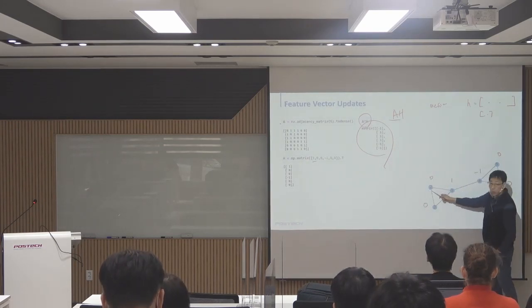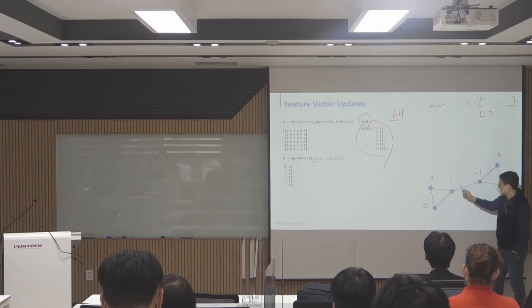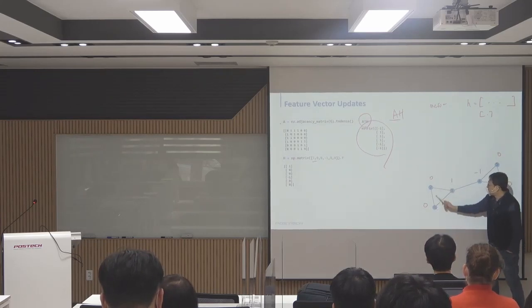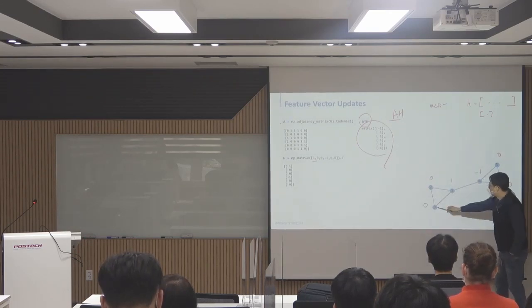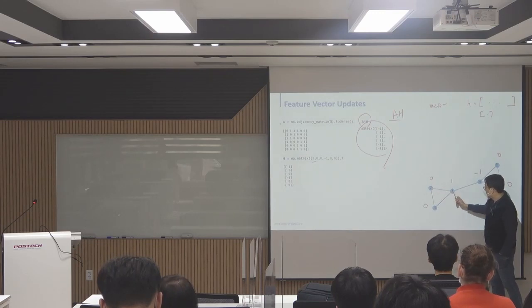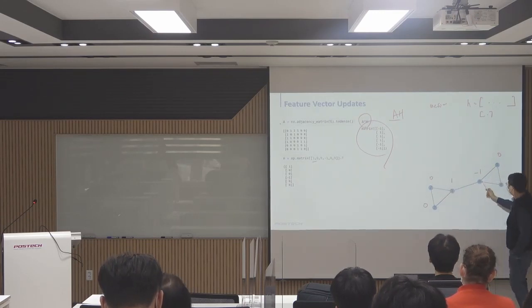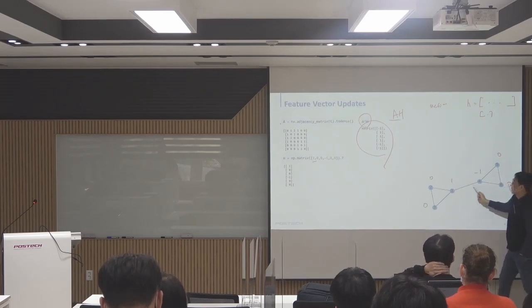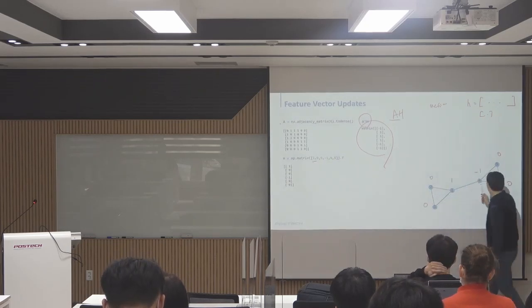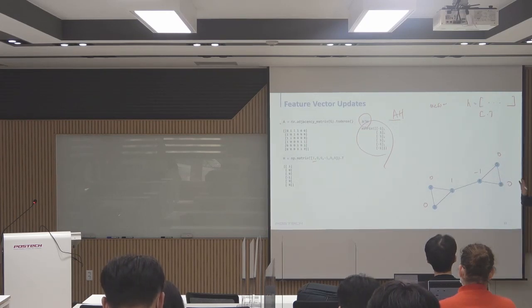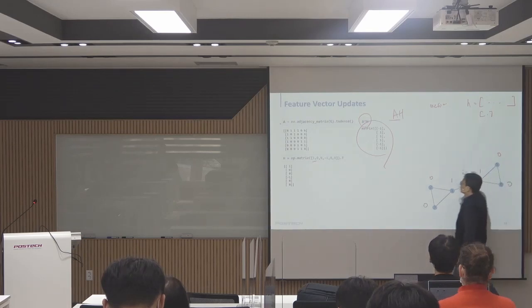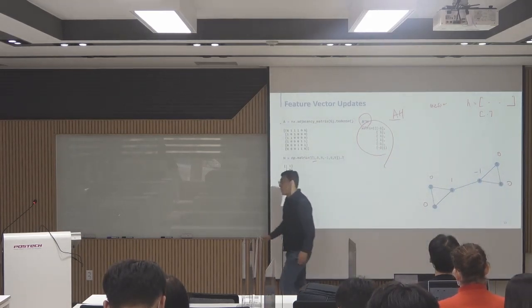For the second node, I got the messages from the neighborhood, 1 and 0, that's why I got 1. For this one, the neighborhood is 0 and 1, so I got 1. For this one, 1, 0, 0, that's why I have 1. For that one, -1 and 0. For this one, 0 and -1. You see what I'm doing? That's related to A times H.